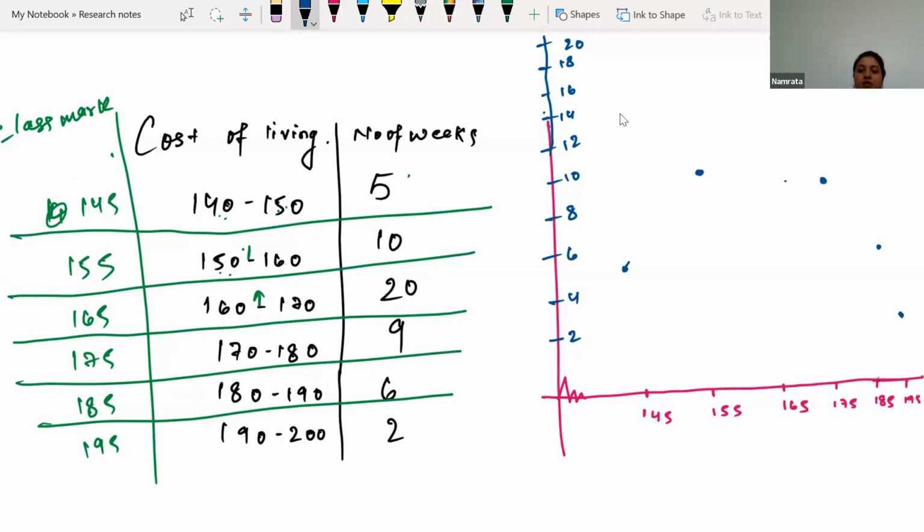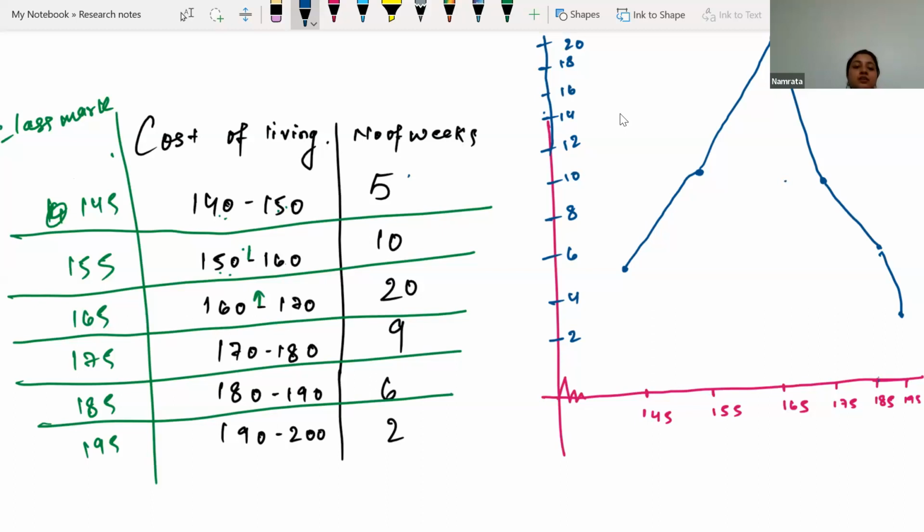If you join all of them like this. As you know, a frequency polygon has to be a polygon, and now it is not a closed figure. We have to make a closed figure.